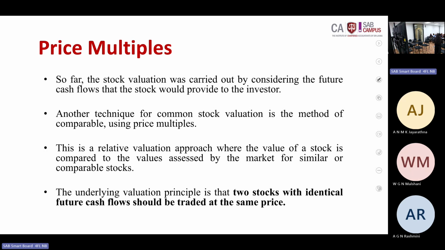But price multiples is very simple. It's a method where the value of the share is obtained based on comparables. That means by looking at the financial metrics that have already been calculated by the firm, we are just going to predict what the price would be.